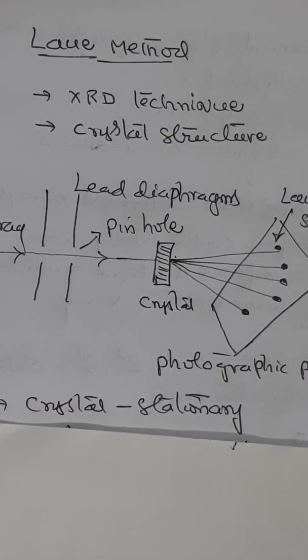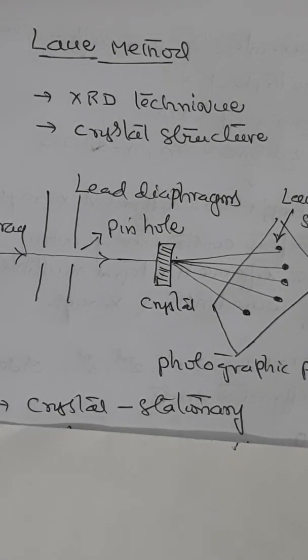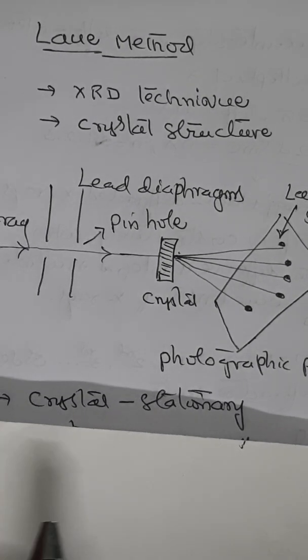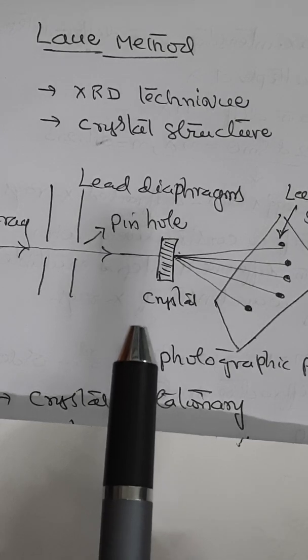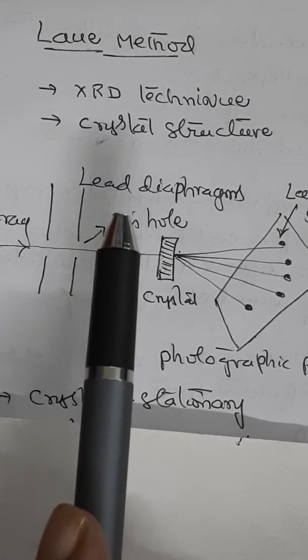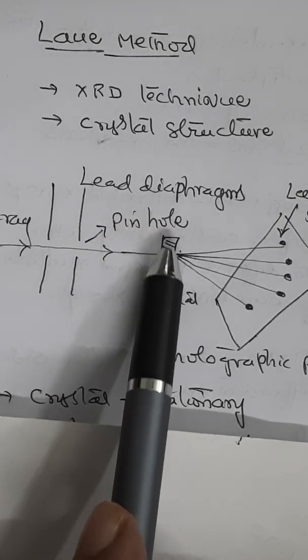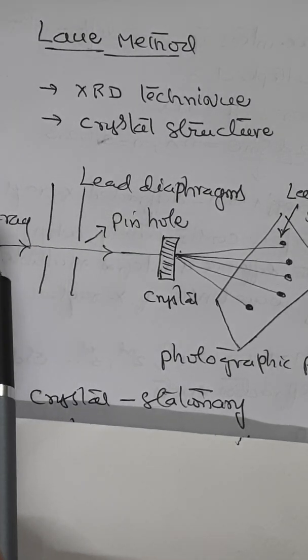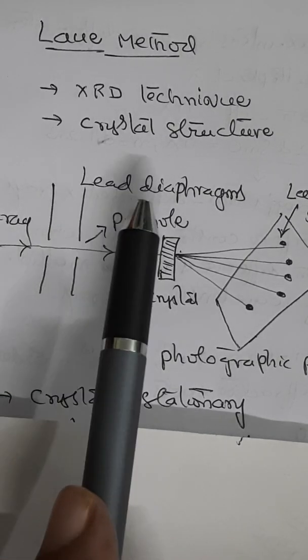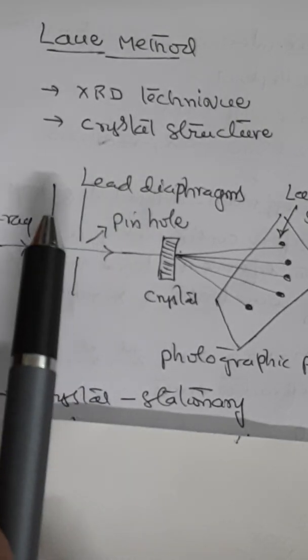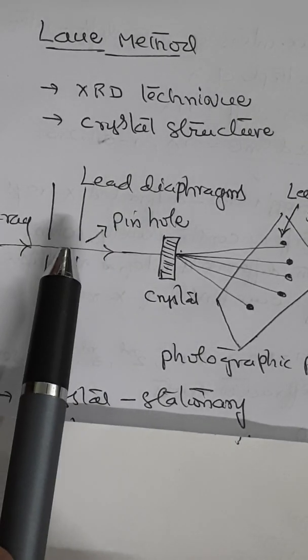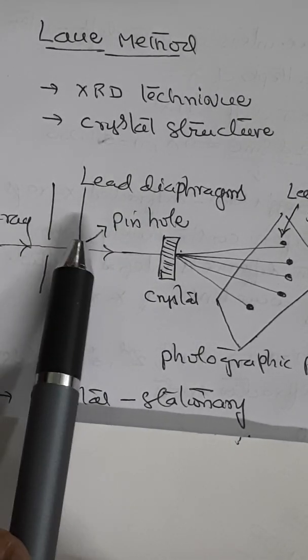it is like this. The crystal whose structure is to be studied is held stationary like this. The X-rays are made to fall on two lead diaphragms kept parallel to each other like a slit, which is called a pinhole.